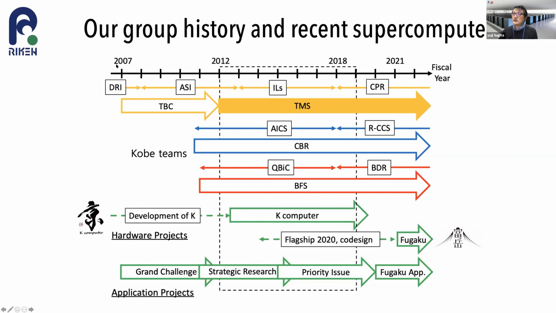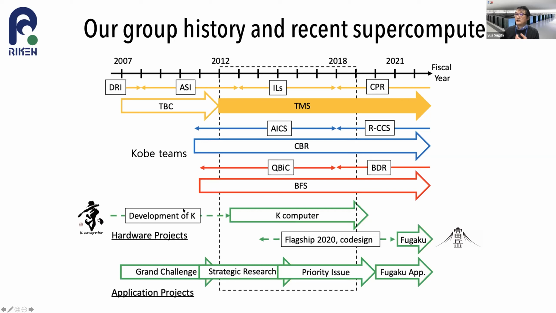I joined RIKEN in 2007, which is almost the same as the start of the development of the K computer. And in Japan, for the flagship supercomputer projects, we have both a hardware project and an application project. I participated mainly in the application project from the beginning.